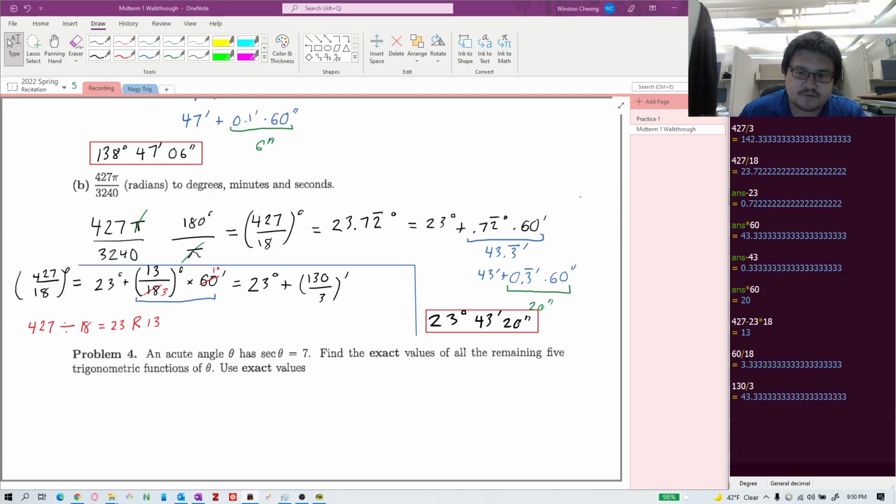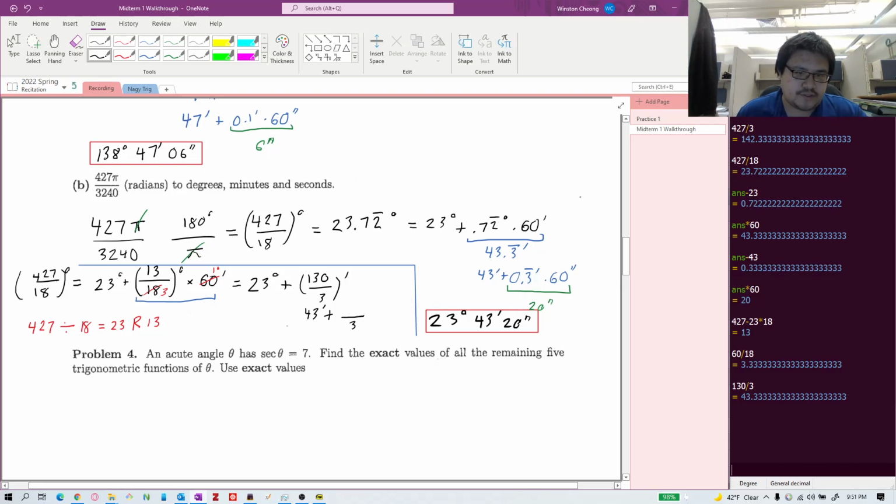This decimal is still the same as that decimal, so I think we're good. We have a whole part and a fractional part, so we can write this as 43 minutes plus some number of minutes over 3.